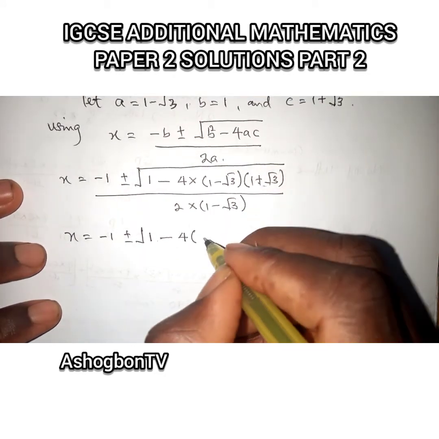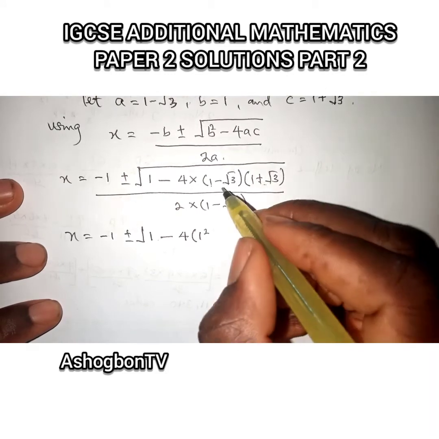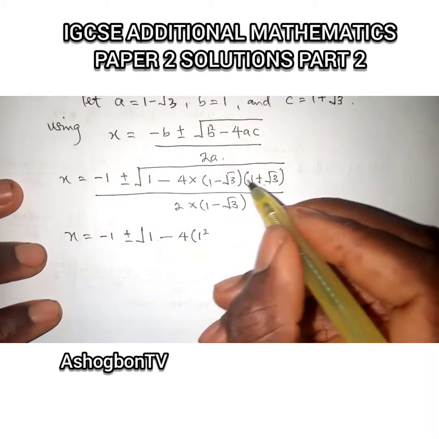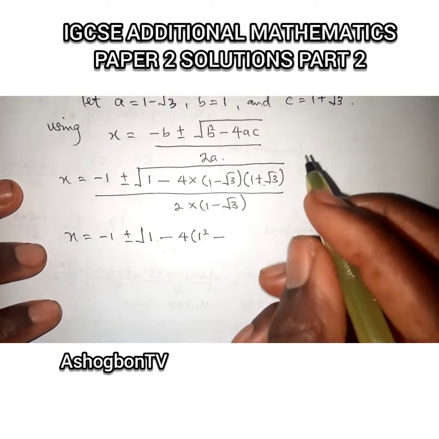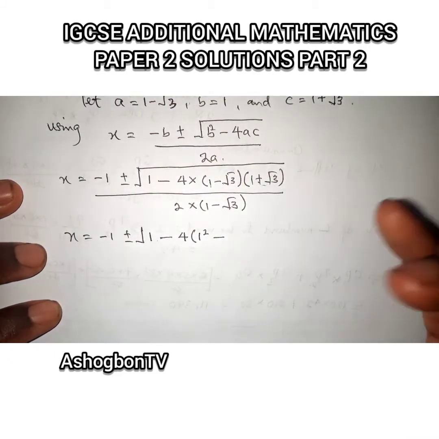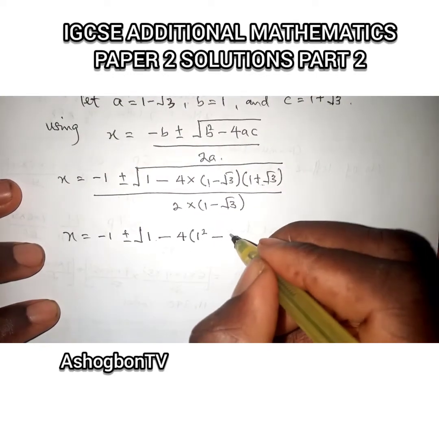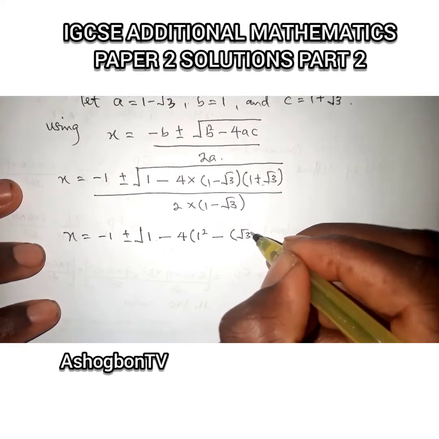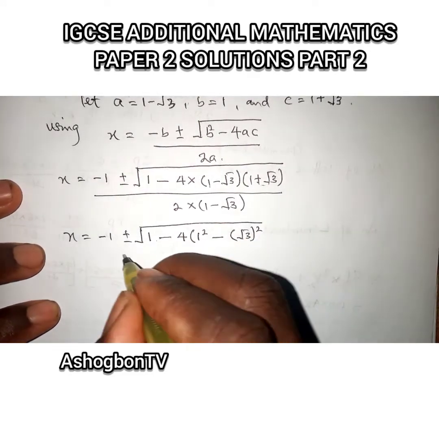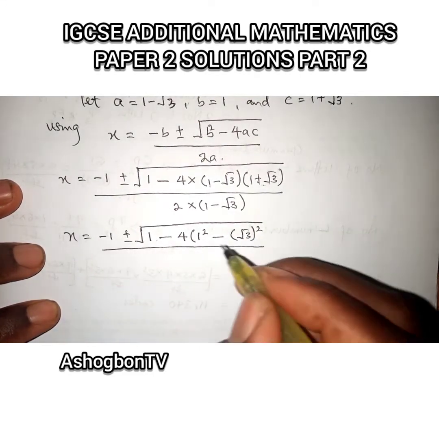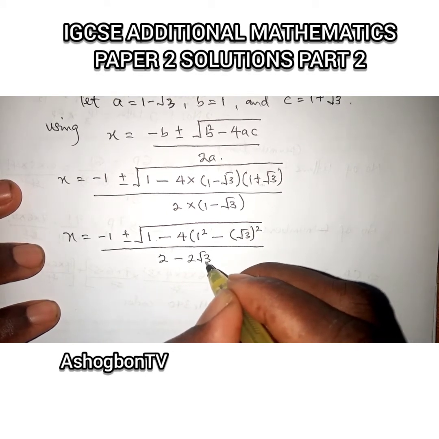So what we are going to do here is just write the first one squared. You may want to go by the way of expanding, and you will get the same thing, but you don't have to disturb yourself. Just use the concept of difference of two squares, and that means you have square root of 3 here, then square it. So your square root is still there, then you divide by 2 minus 2 root 3.